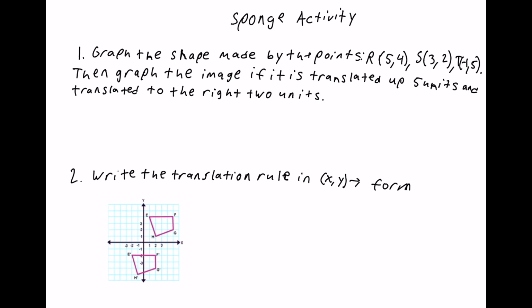So you're going to be graphing 2 images, the pre-image and the image. And then for number 2, I give you a pre-image and an image, and I want you to write the translation rule in the form I just taught you.